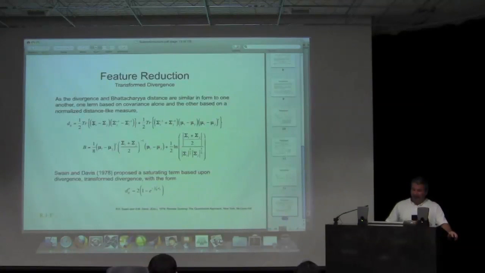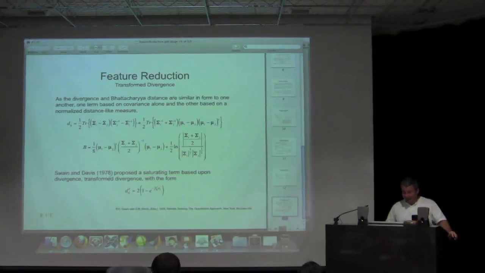And over here you have the trace of the difference between two covariance matrices divided by the inverses of those same two covariance matrices. Sort of similar to this. So they're not all that much different from one another. So this makes every logical sense.